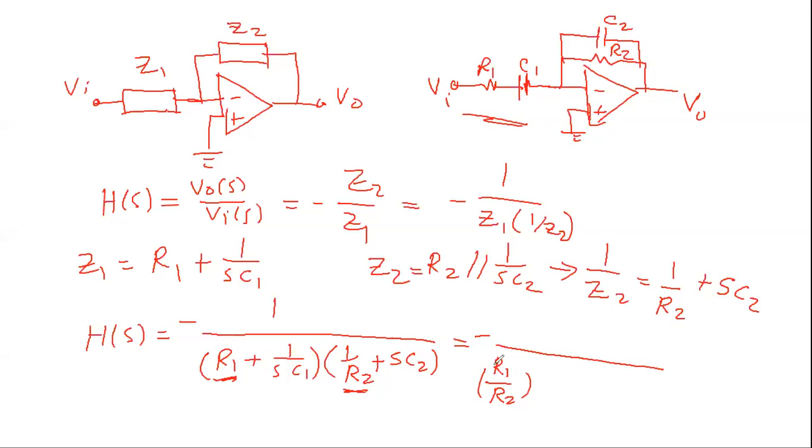From the first factor, you will have 1 plus 1 over SC1 R1, and from the second factor, if you take 1 over R2 outside, you will end up with 1 plus SC2 R2.